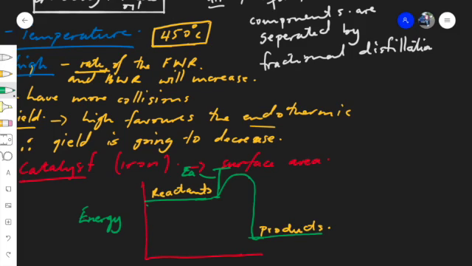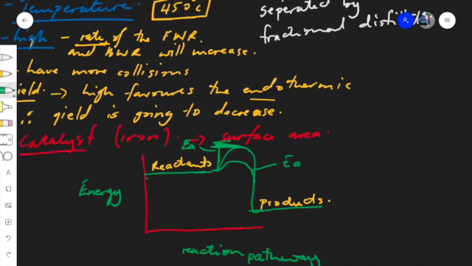Now, if you put a catalyst, what is going to happen? You are going to have a different reaction pathway, which means that it lowers your EA. So this is your EA without a catalyst, and this is your EA with a catalyst.